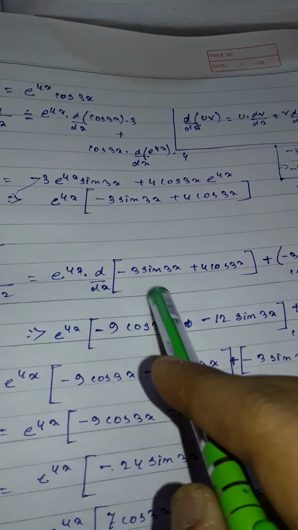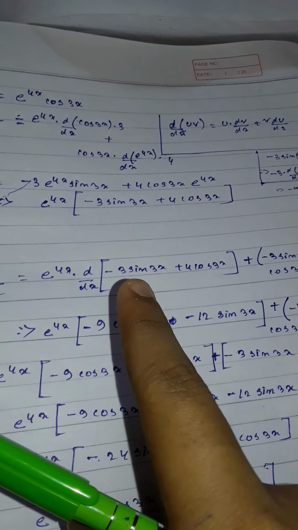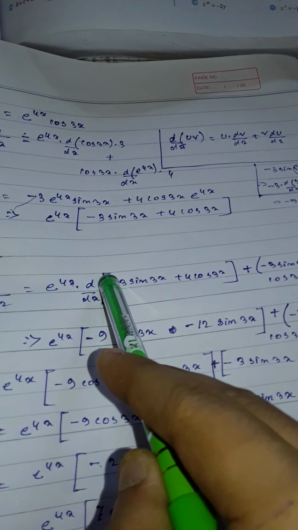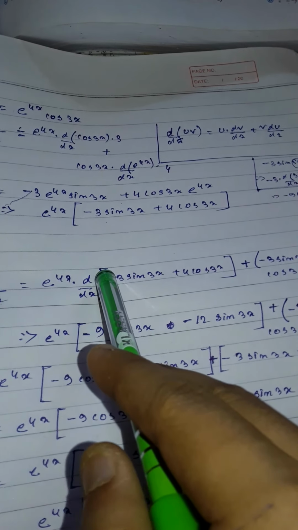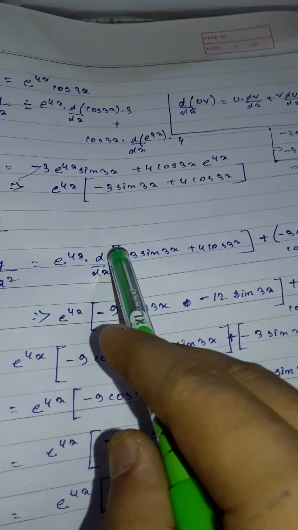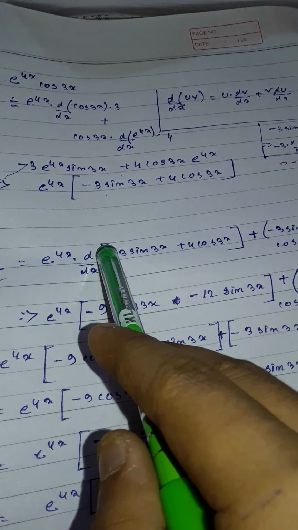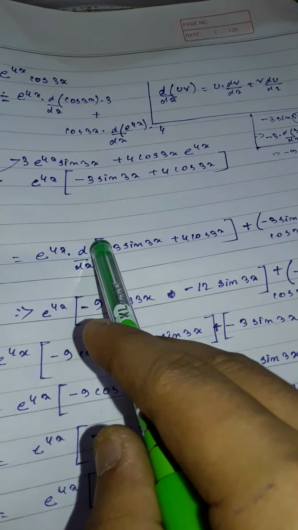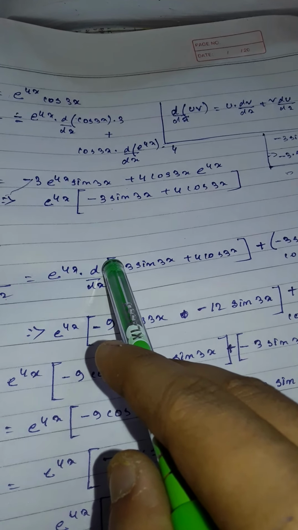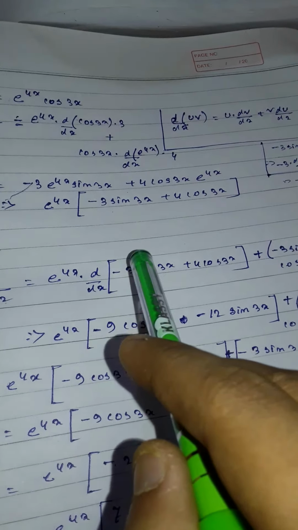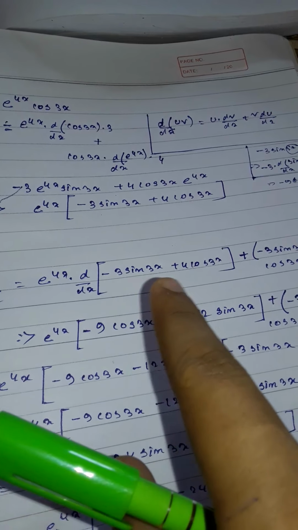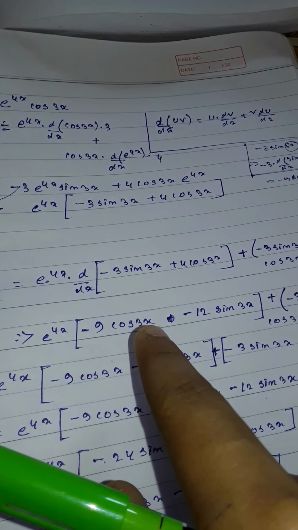Neglect the minus part for now. We have 3 sin 3x, where 3 is u and sin 3x is v. So du/dx for 3 is 0, and dv/dx: sin 3x becomes cos 3x, and differentiating 3x gives 3. So the answer is minus 9 cos 3x.